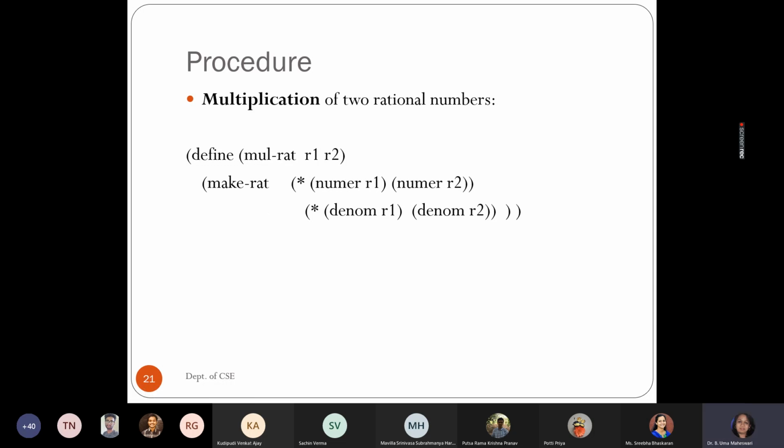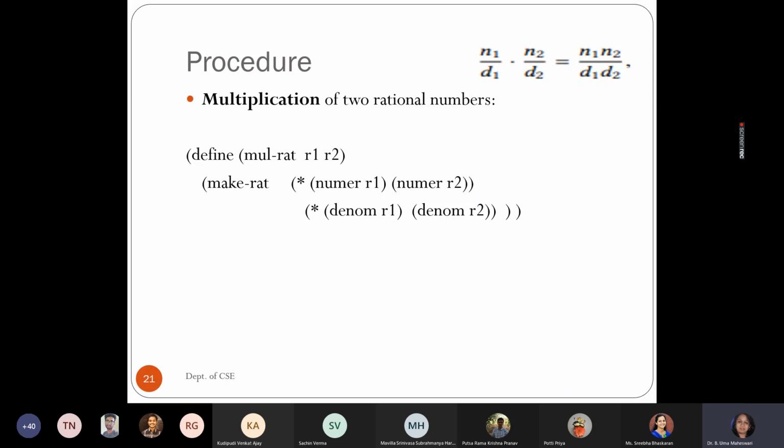In the same way, you can also write for multiplication. How to multiply two numbers? Numerator into numerator divided by denominator into denominator. That means n1 n2 should be the first element, and d1 d2 should be the second element for the cons. That is for the make-rat.